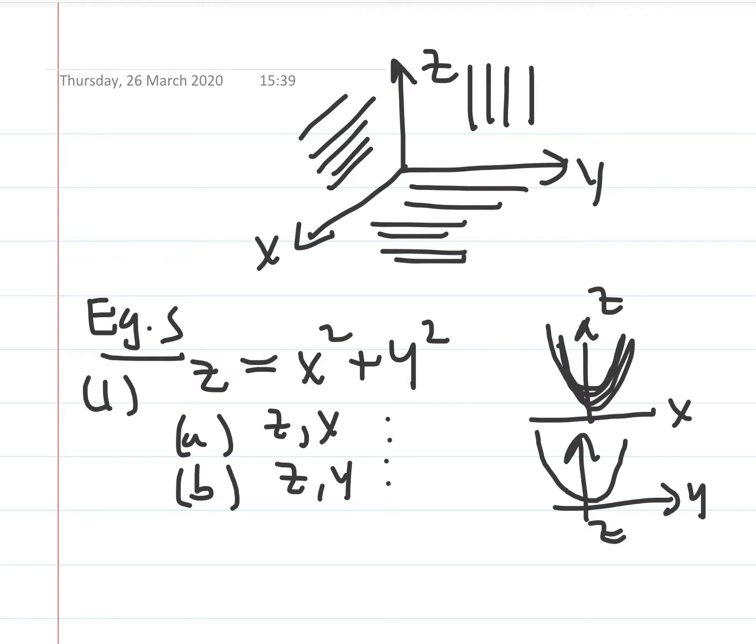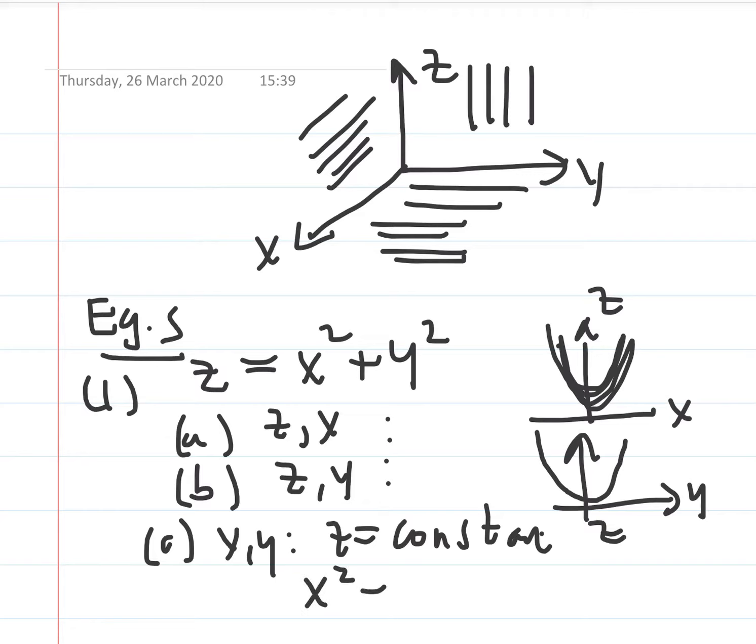Now what happens when we project onto the floor, the xy plane? Well, instead of saying let z equal 0, we'll say let z equal to a constant. So when we consider the xy coordinates, we will say z equals some constant. In that case, what we get is that x squared plus y squared equals this arbitrary constant, say k.